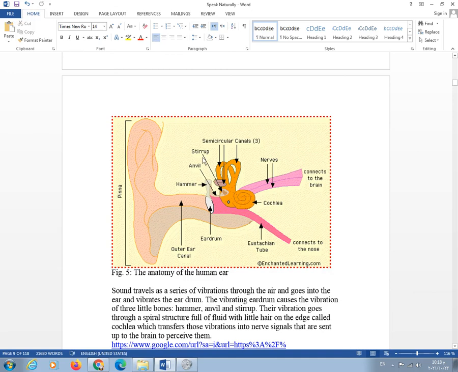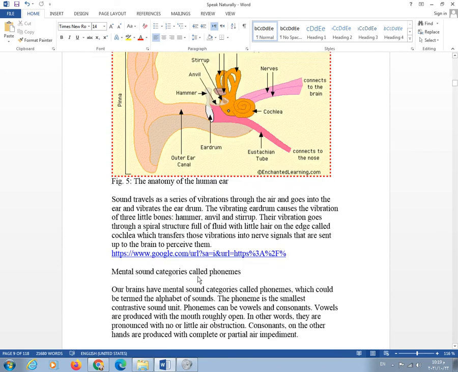The sound wave is then amplified and moves into the cochlea, and the cochlea turns it into sensory data and sends it to the brain. Okay, this is the anatomy of the human ear.